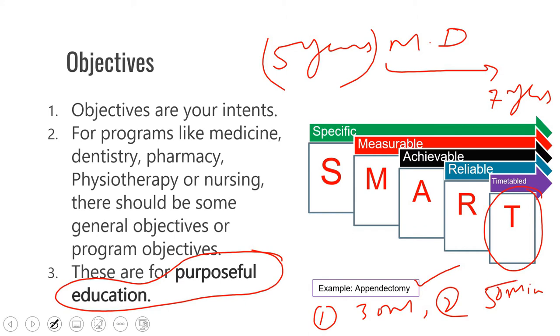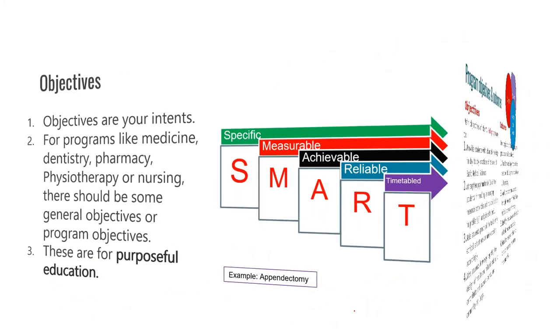Then surgeon 1 is more SMART than surgeon 2. Though both of them performed the surgery, appendectomy, one took 20 minutes more, which means he is not as SMART as surgeon 1. So your objectives should be SMART for the programs, and of course for the course file as well.